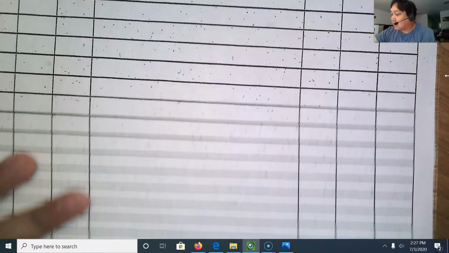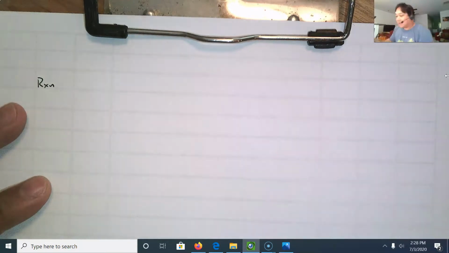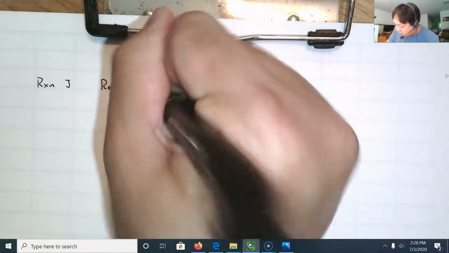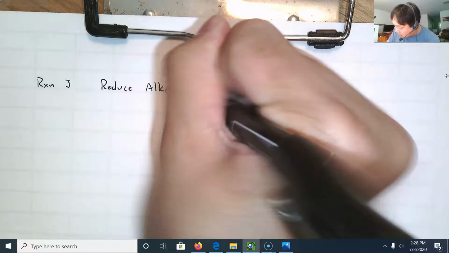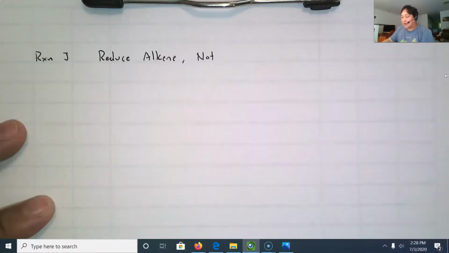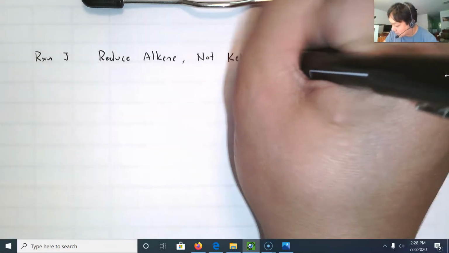Let me show you now how to reduce selectively. We're going to target at first the carbon-carbon double bond. This is reaction J. Reduce alkene, not aldehyde or ketone, or carbonyl, but let me say ketone first.